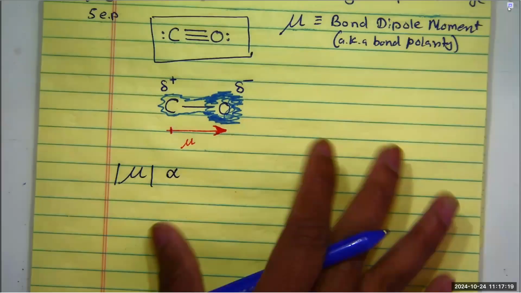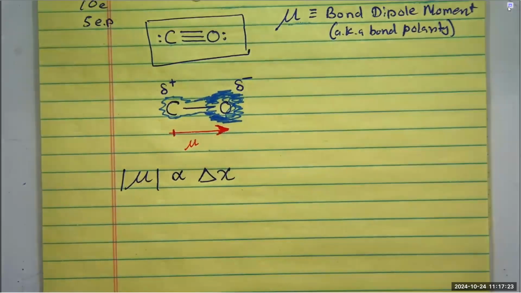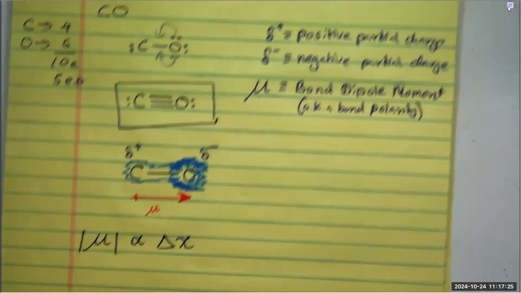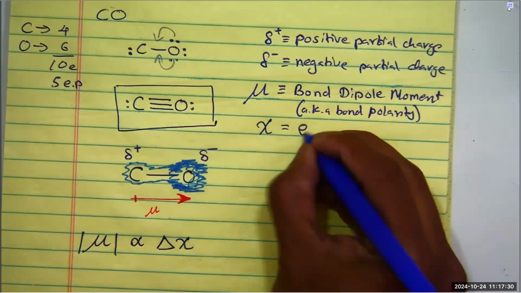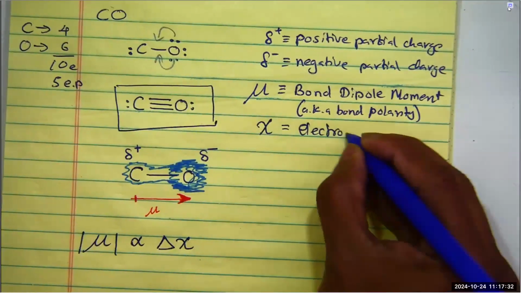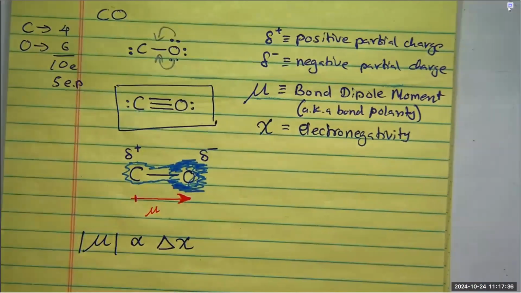So what do I mean by delta chi? Chi is the electronegativity value. Chi is electronegativity.